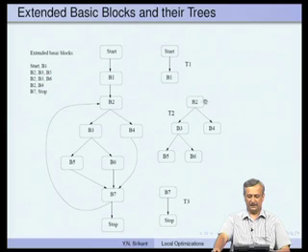Let us consider this particular set of extended basic blocks. We start our value numbering with basic block B2. It is done as is usually done. The expressions and variables are entered into the various tables and they are filled.